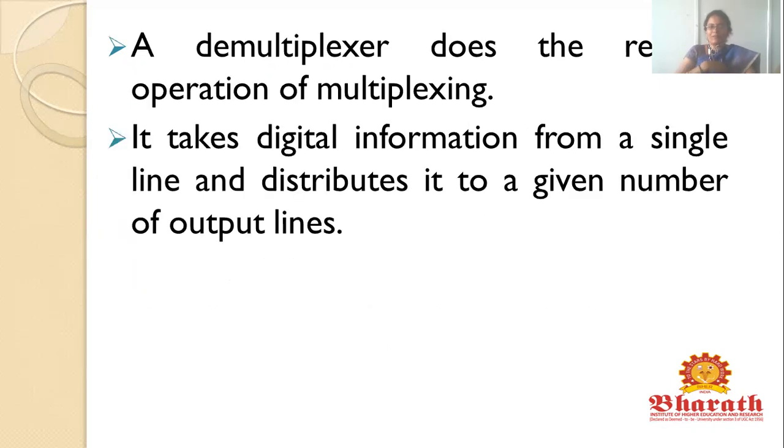A demultiplexer does the reverse operation of multiplexing. It takes digital information from a single line and distributes it to a given number of output lines. So, a multiplexer is called many to one and a demultiplexer is called one to many.